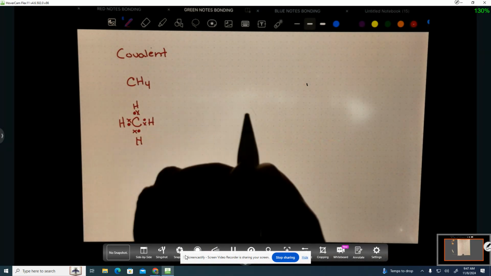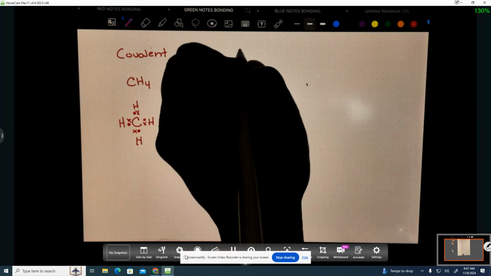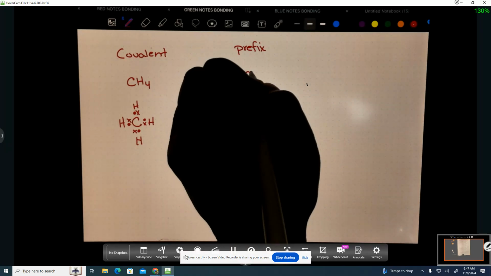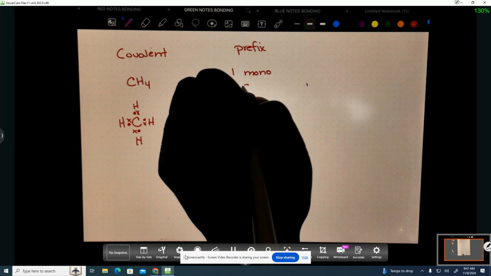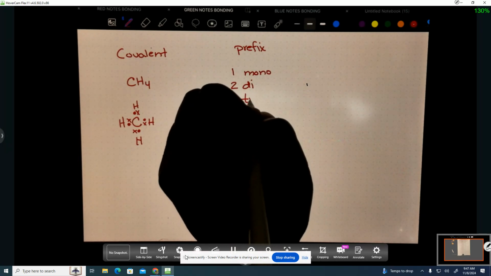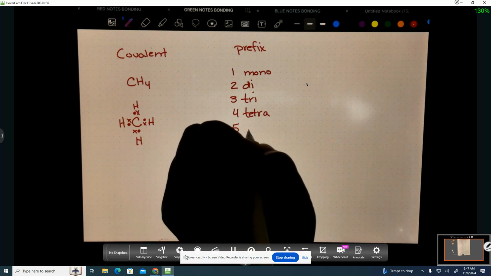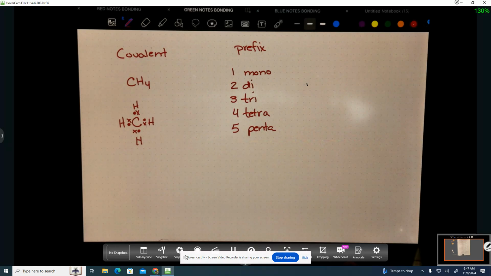Now, if I go to name it, I'm going to name it with prefixes. Now, what are my prefixes? Prefixes are 1 is mono, 2 is di, 3 is tri, 4 is tetra, 5 is penta. That's as high as I'm going to go right now.